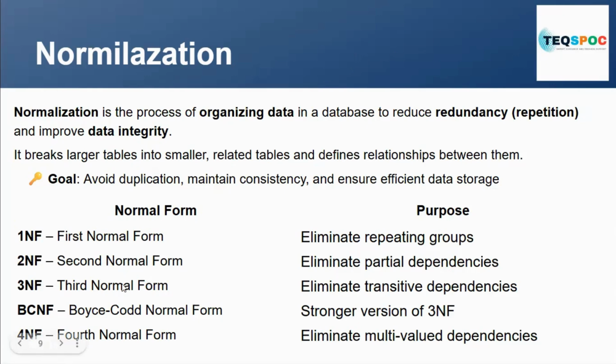Then 3NF, the third normal form, eliminates the transitive dependencies. Then BCNF, that is Boyce-Codd normal form, a stronger version of 3NF. 4NF, the fourth normal form, eliminates the multi-value dependencies. These are the normal forms basically.